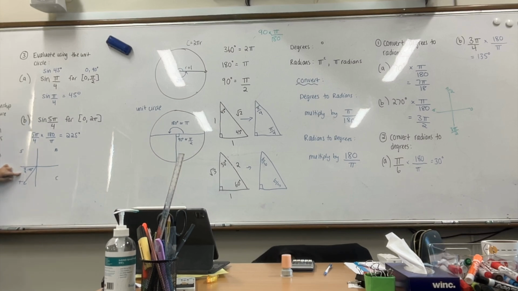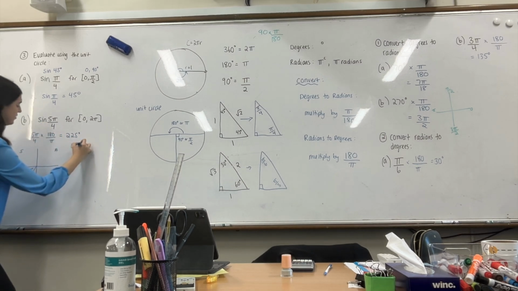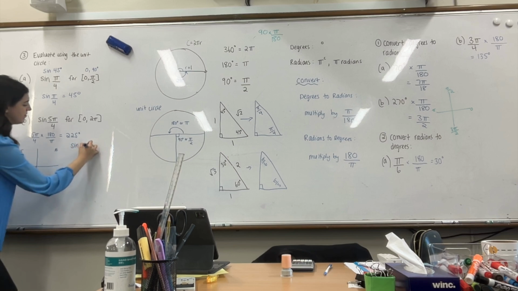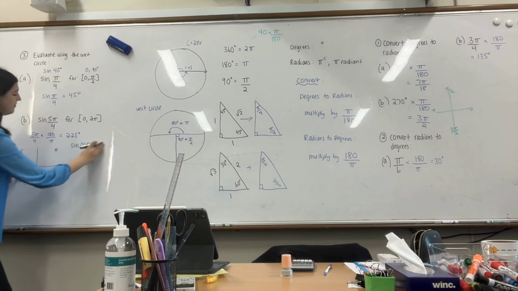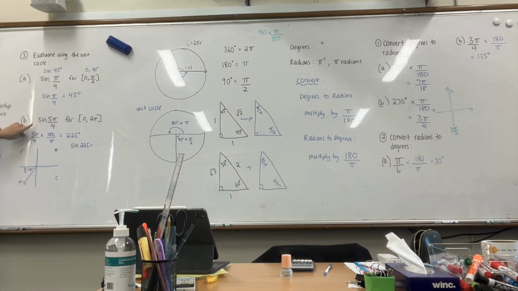The first way is how to work it in degrees. So I've got sine 225 equals 45. Actually, no, it doesn't, sorry. Because if I've got sine and I'm in this quadrant, it's negative. So what are the values that I can possibly have?